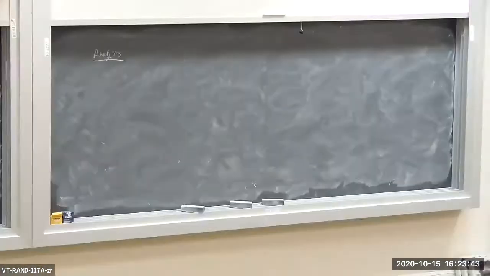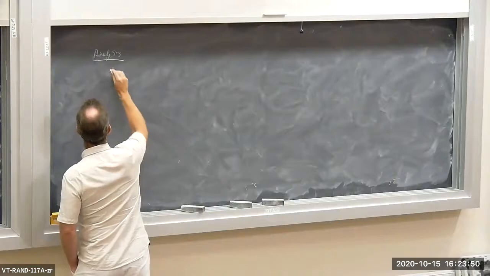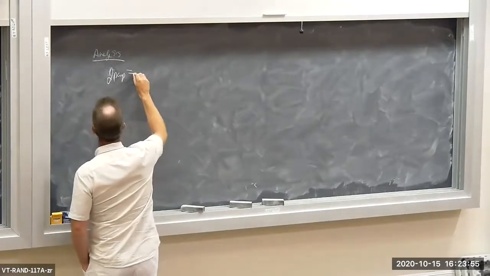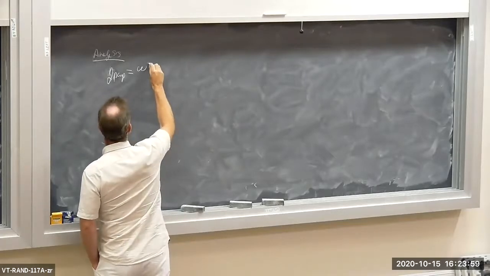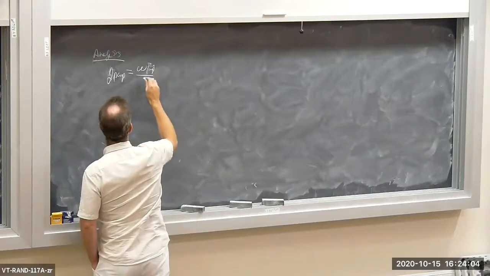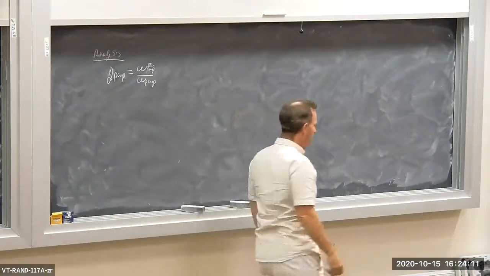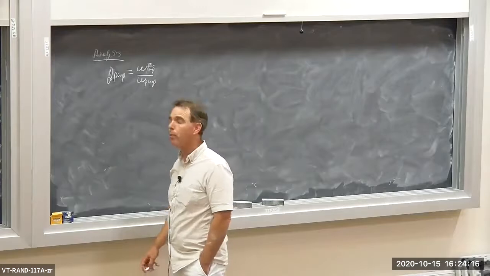So what I'm going to instead do is what we usually do. We're going to use the definition of isentropic efficiency. So the isentropic efficiency of the pump is equal to the specific work or power, W dot for the isentropic pump, divided by W for the actual pump. Remember, in this context, the isentropic pump is actually the reversible pump.